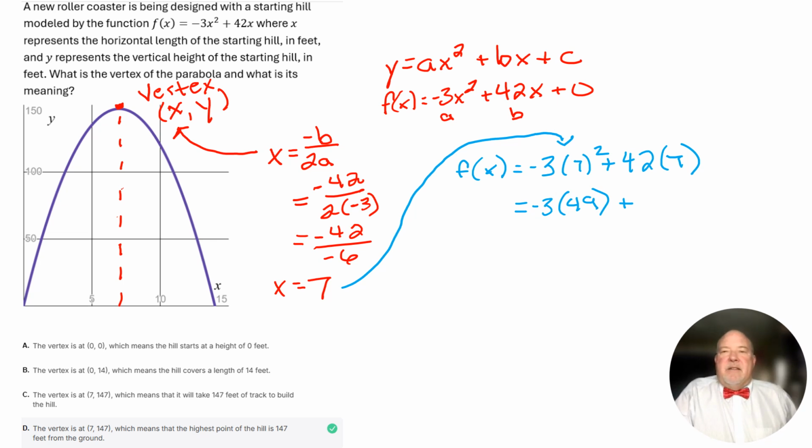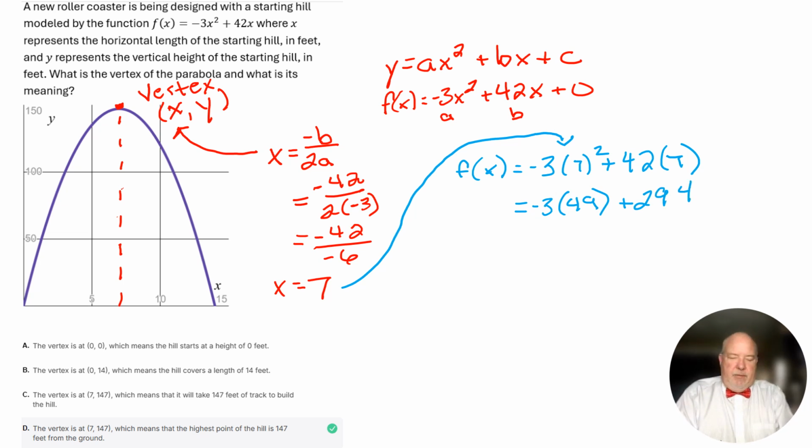Oh gosh, I should use my calculator. Sorry, I'm going to cheat. So 42 times 7. I thought I could do it in my head, and I could, but I don't want to be wrong. It's 294.